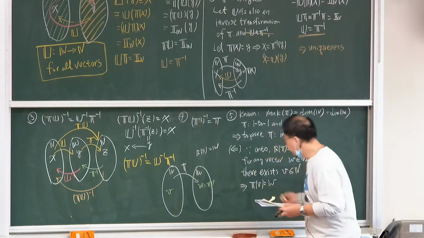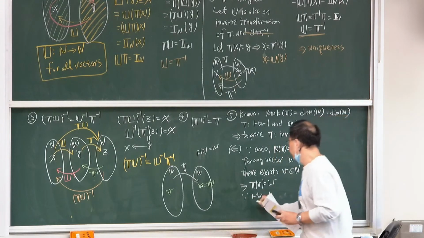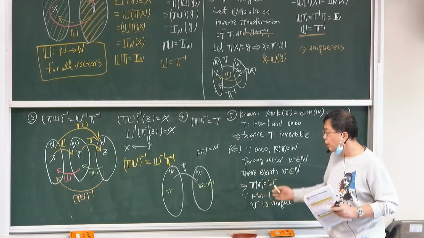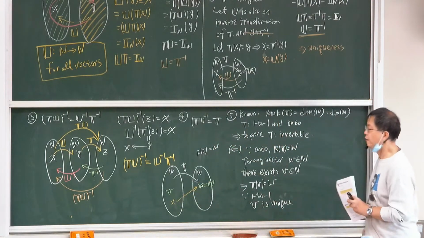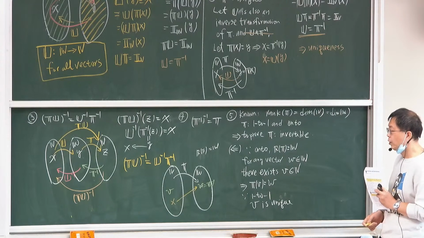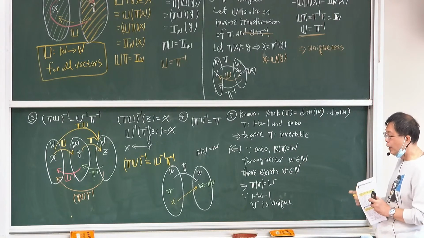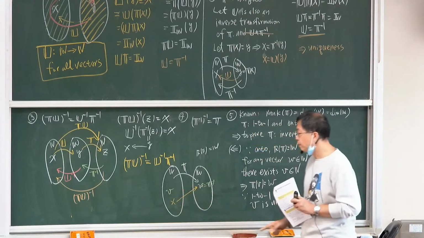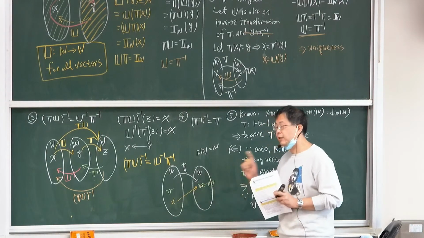In addition to that, because it's 1 to 1, this v is unique. If it's only onto, maybe I have another vector x that we can also map to w. If it's not 1 to 1 but onto, then we may find another vector x not equal to v such that T sub x equals T sub v equals w.